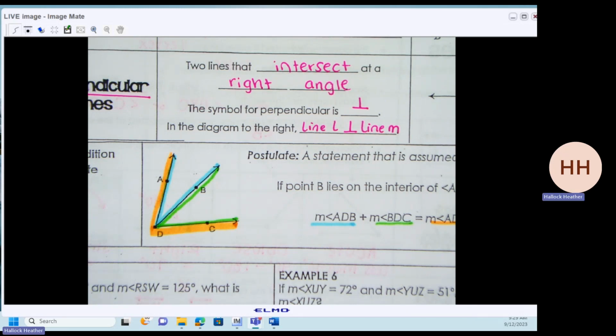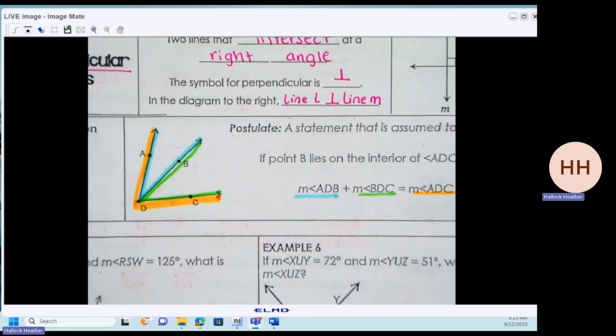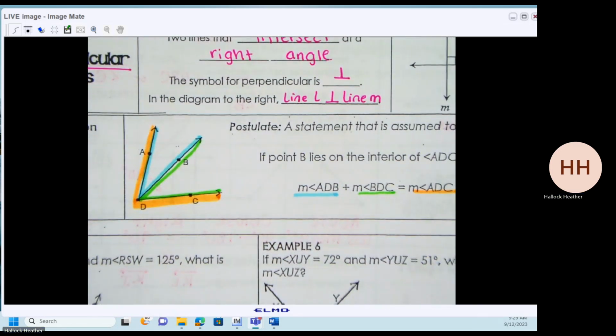So I want you to take a second, after you add your little colors if you want, to try to read example 5. Try to see if you can find the missing angle measure using the information that's provided in the picture.